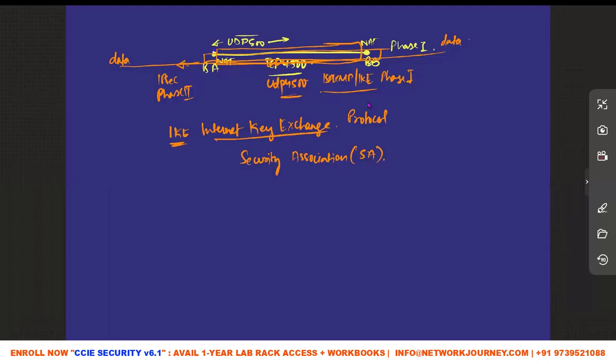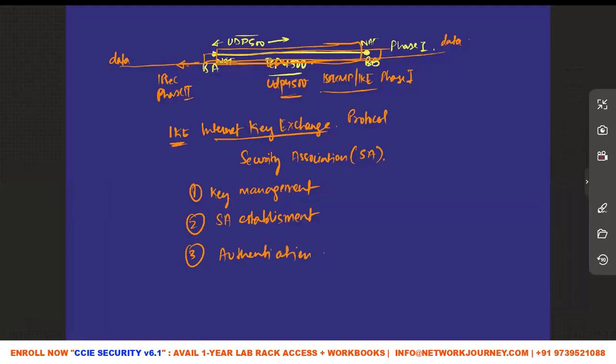The IKE is used for key management, for SA establishment, for authentication, and, as I told you, the key exchange process. For that we make use of the DH groups, which is an asymmetric key exchange process.